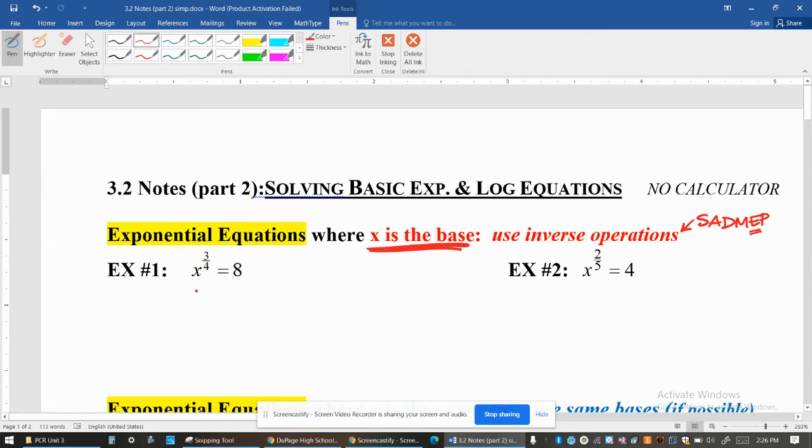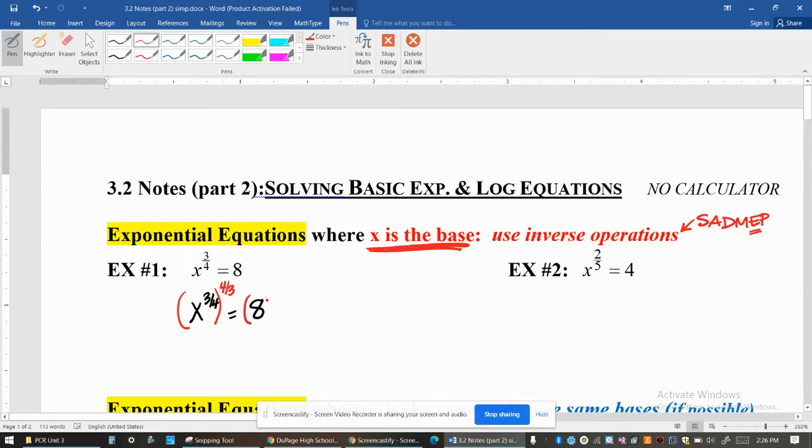Now, the way that you get rid of rational exponents is you use their reciprocal, but you use it as an exponent. So if you have x to the 3/4 power, and you raise it to the 4/3 power, so you do another exponent, but the 4/3, okay?